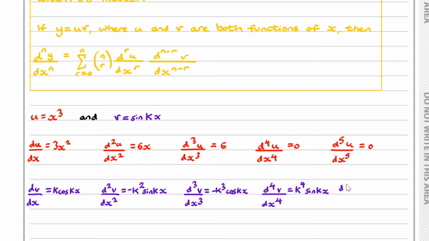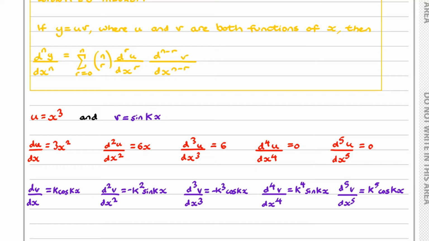And finally, d5v over dx5, you'd find this to equal k to the power of 5 times the cosine of kx. And having worked out the derivatives, we now need to substitute all these into this theorem over here.